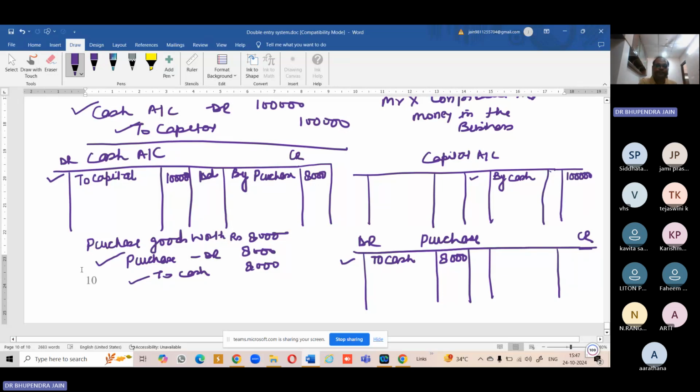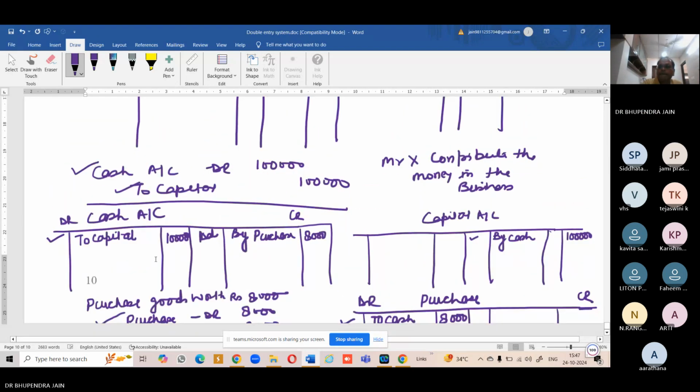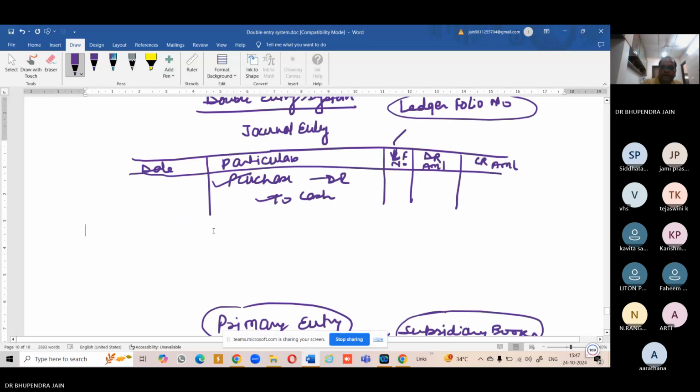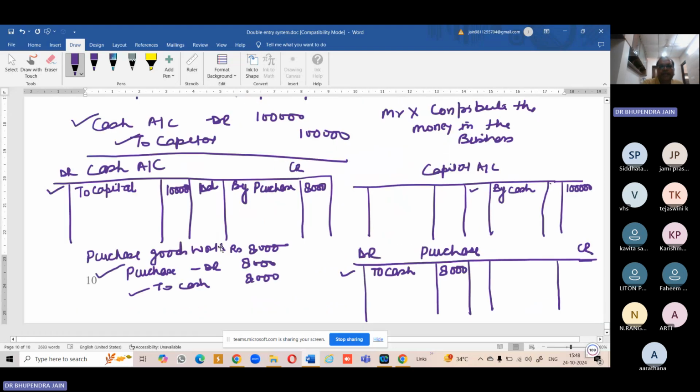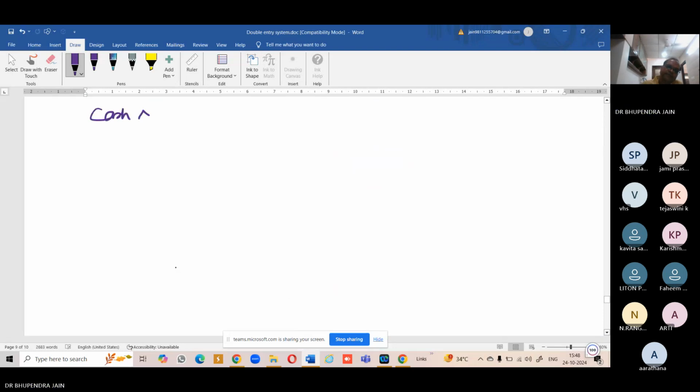Suppose one more entry. क्या हो गया? Suppose next entry: cash sales, rupees 9,000.